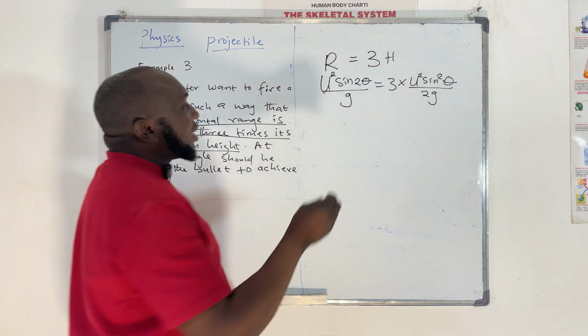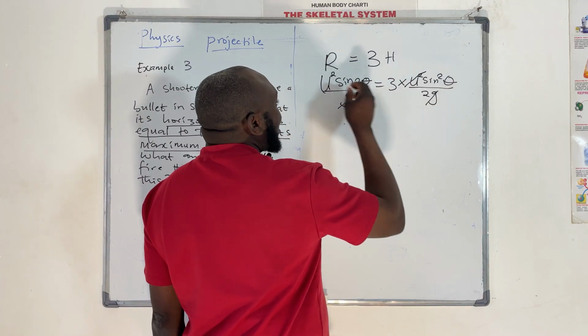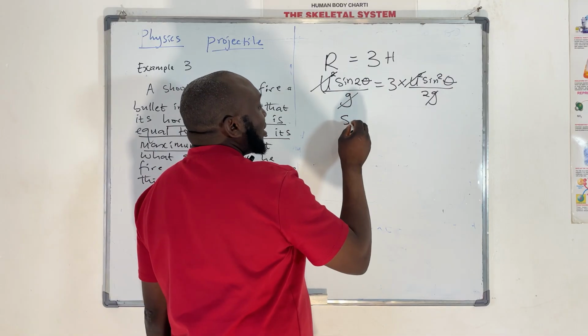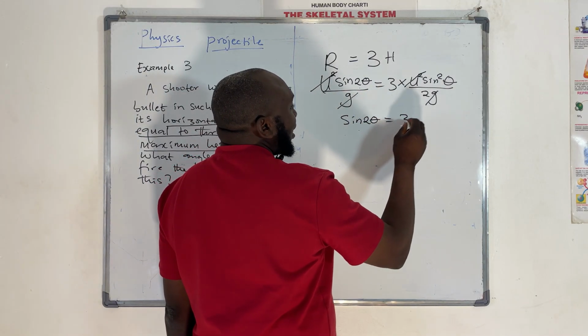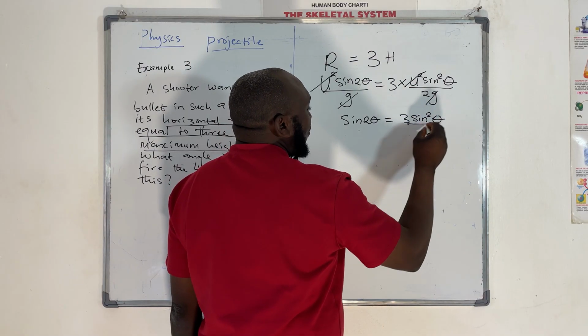So based on this, you can say that this g cancels this g, and u squared cancels u squared. What remains is sine 2 theta equals 3 sine squared theta over 2.